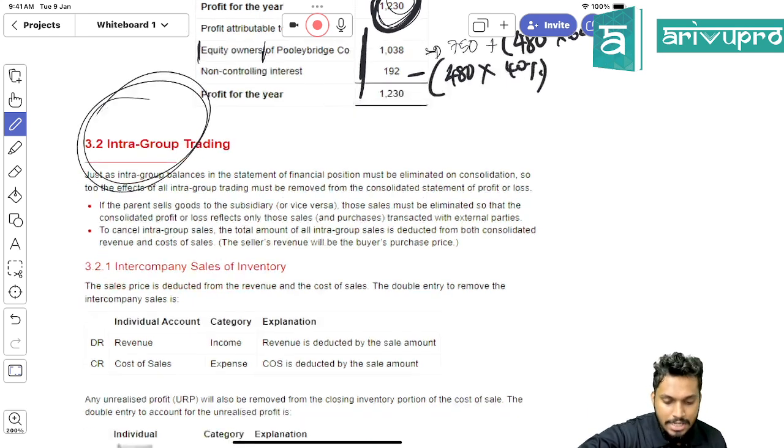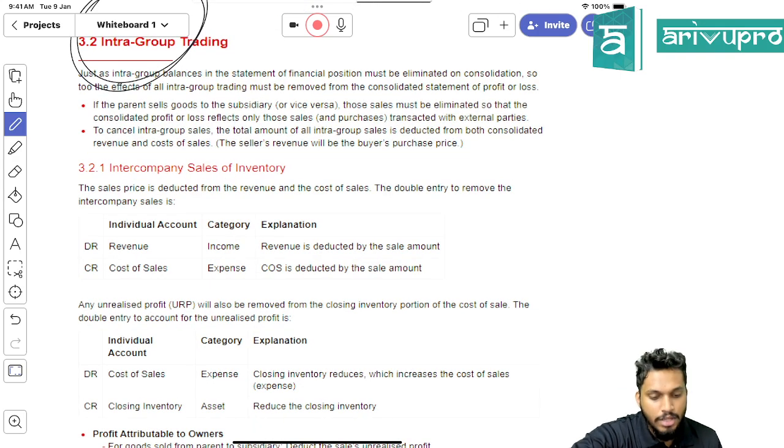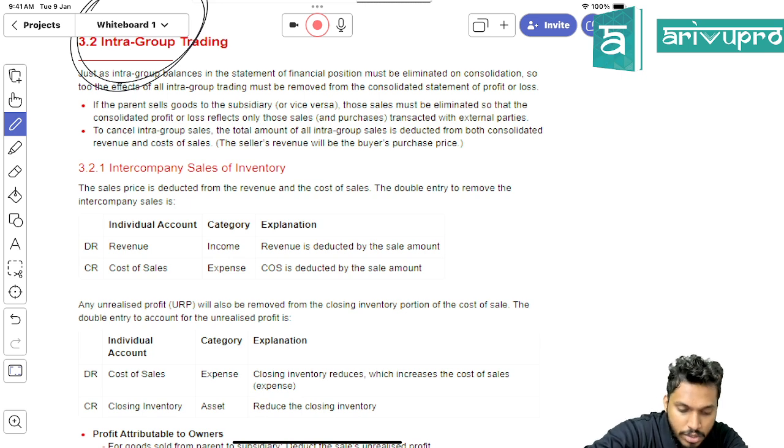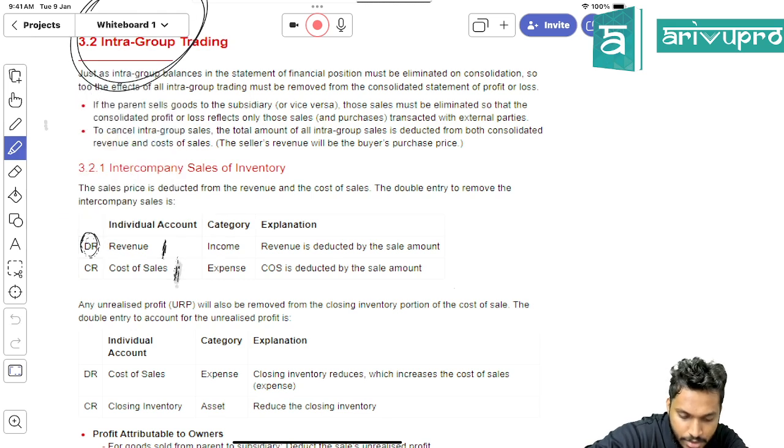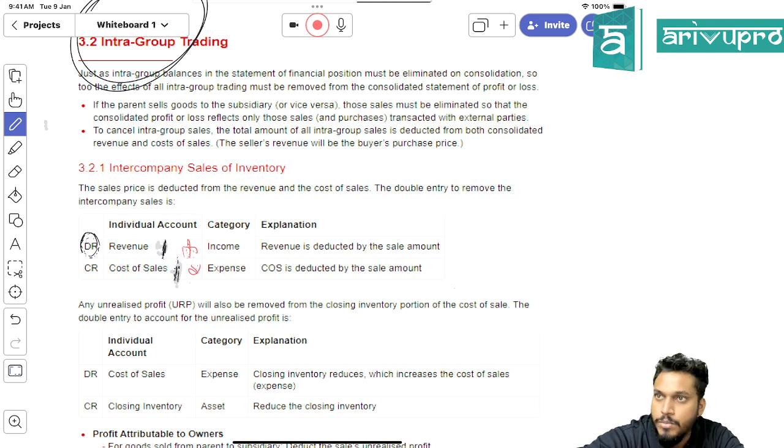So when you are eliminating intra-group trading, you need to reduce your revenue and you need to reduce your cost of sales. Okay. So let's see those things through questions and then we'll come back to these points. So it will make more sense then.